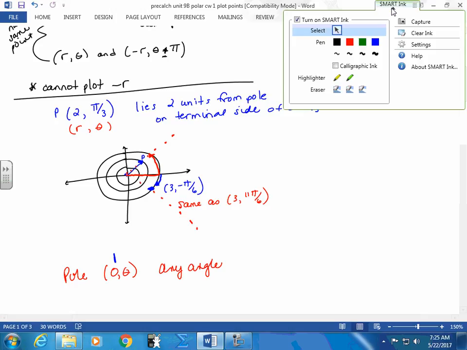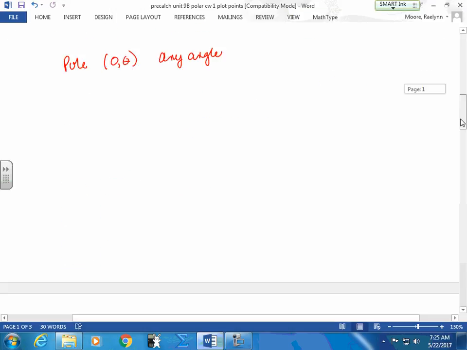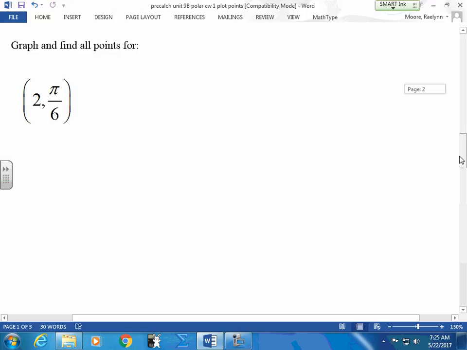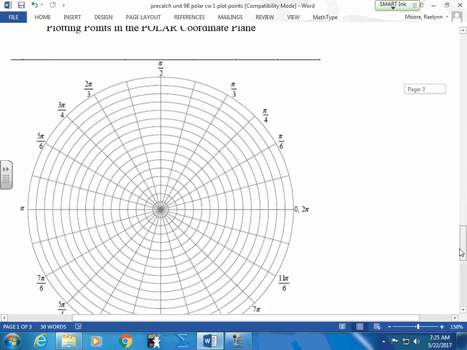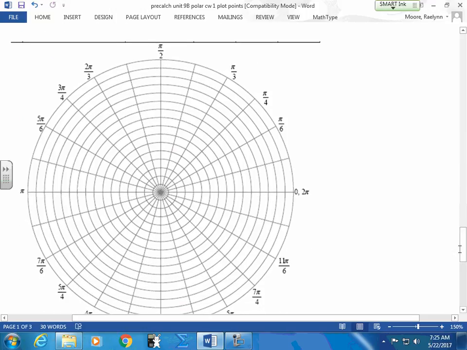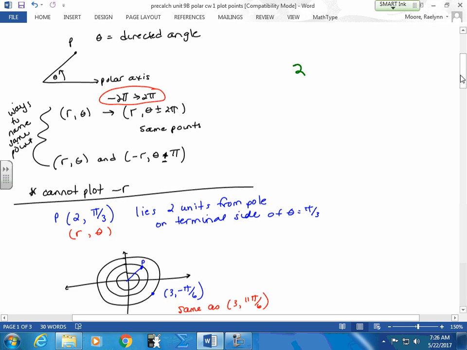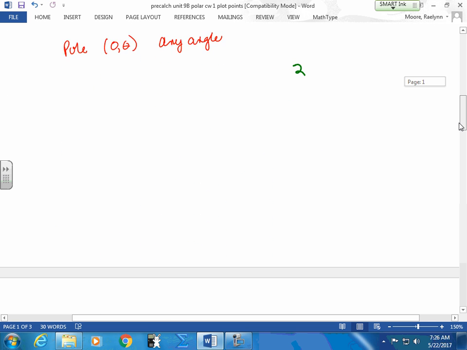So let's take a look at some of these. Alright, unfortunately I'm going to have to move this down. What was that point? 2, pi over 6. So we're going to find all your points for 2, pi over 6. How come this keeps expanding on me?